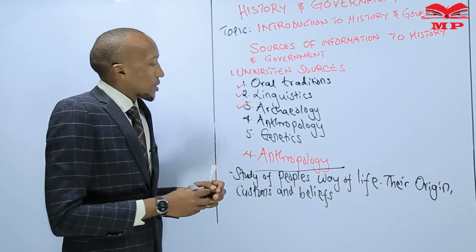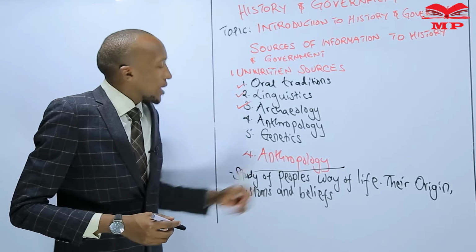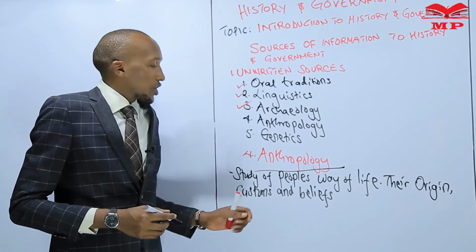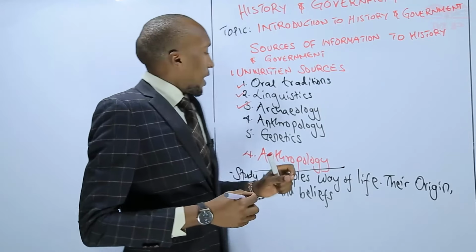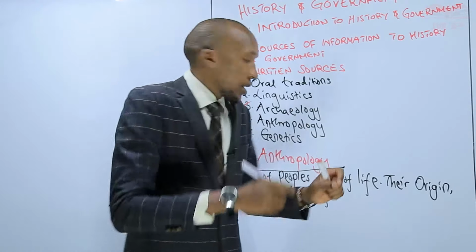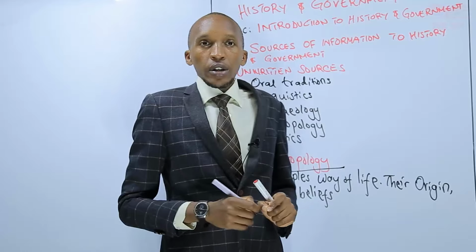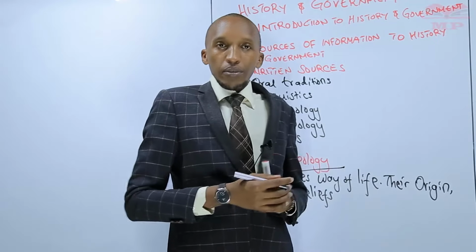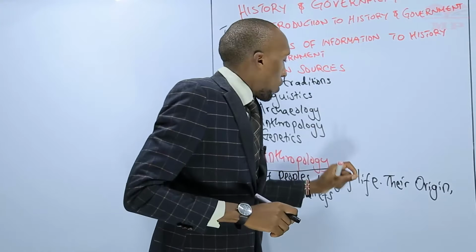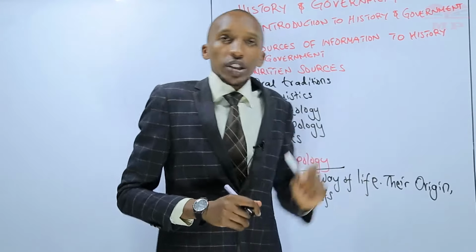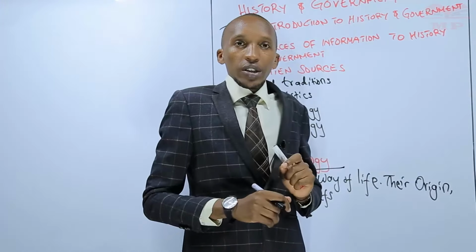So the scientist studying anthropology will look at the people's way of life. The scientist will go where the people live. He will interact with them. He will observe. He becomes part of that community or that people who are being studied.